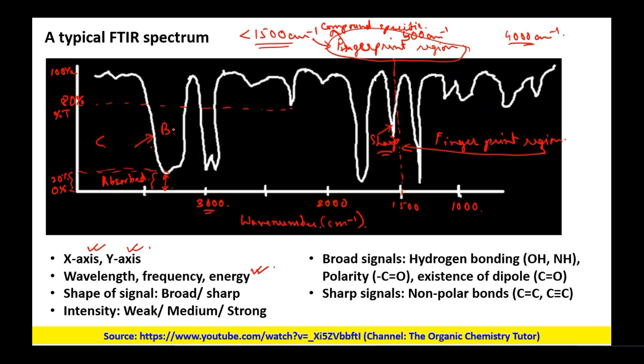So the shape of the signal may be categorized into a broad signal or a sharp signal. Any broad signal is basically a U-shaped signal, whereas any sharp signal will be a V-shaped peak. So if you have a U-shaped peak, then it is a broad signal.